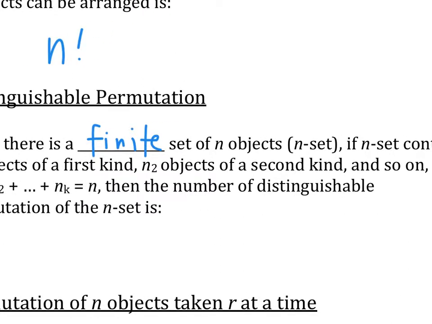Okay, what does this actually mean? If you have a number of things and some of them look exactly the same, so that you cannot tell them apart, then you take n factorial, which is how many ways you can rearrange them. But since some of them repeat and you cannot tell them apart, you take the number of things that repeat and divide out how many ways they can happen.